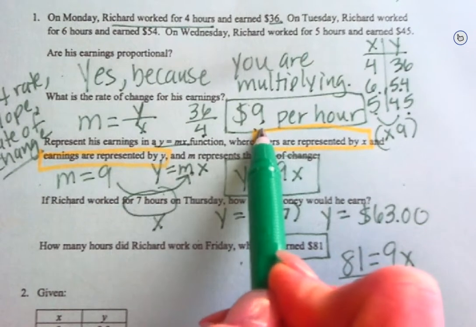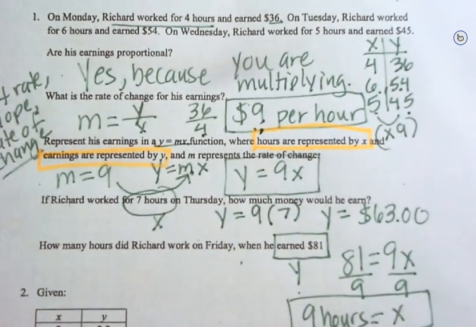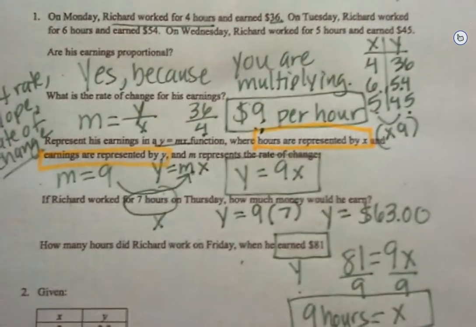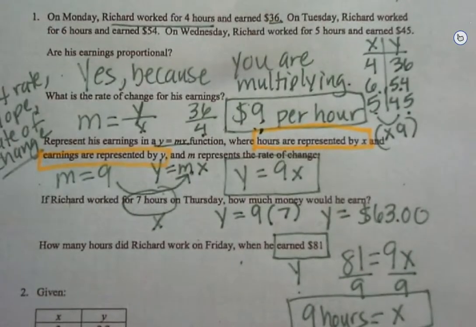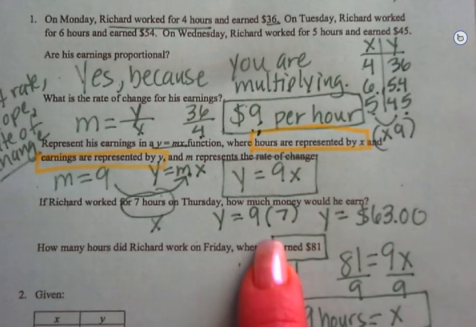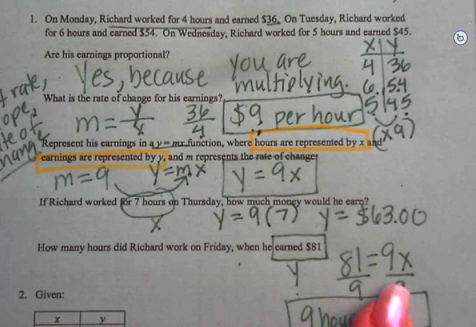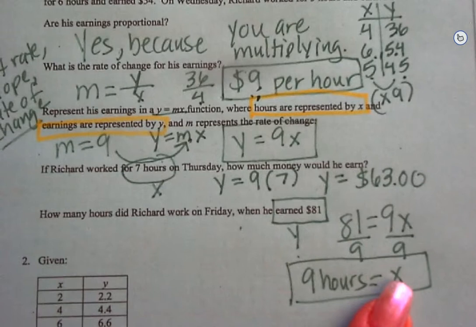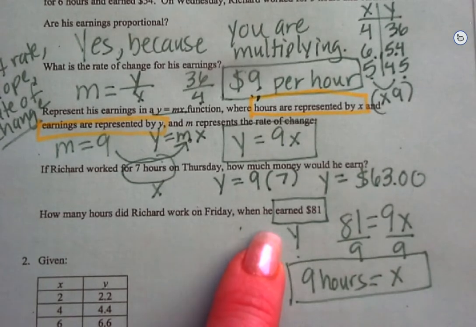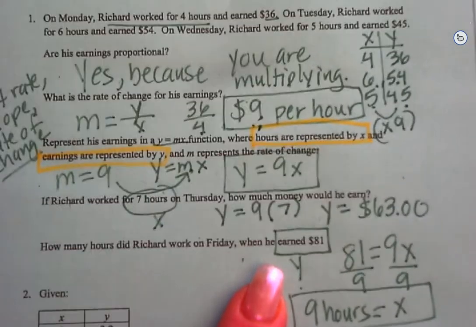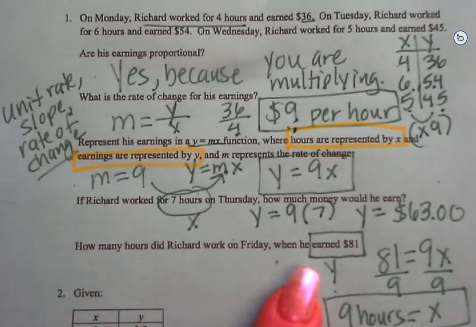That's the rate of change. Then we put that into an equation: y equals 9x. We multiplied 9 by 7 to get 63. Then we divided 81 by 9 to get the number of hours it would take for him to earn $81. I know I went through that one really quickly, but we already went over that one in class.